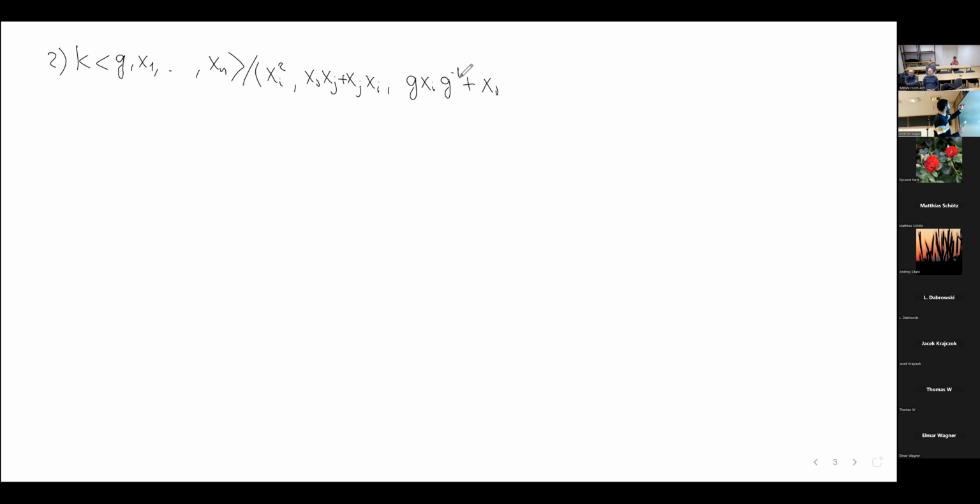So I write it as G xi G inverse plus xi is 0. And finally, G squared is equal to 1. So I have G squared minus 1.